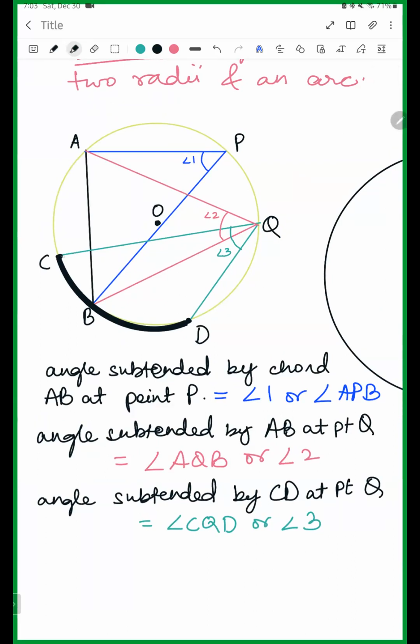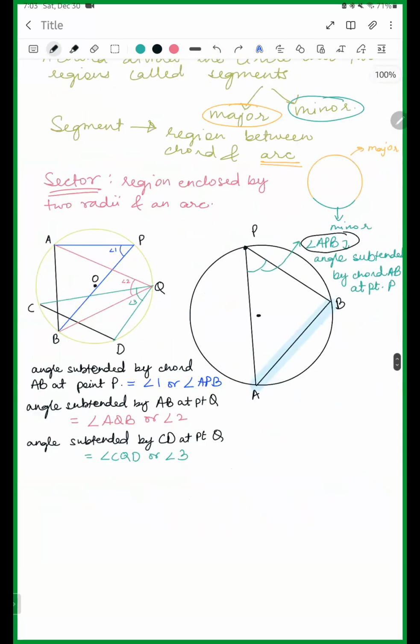Whether it is the chord CD or the arc CD, not going to make a difference. All right, so sometimes we are going to use the chord, sometimes we are going to use the arc. So that's why I just thought I'll point it out to you.